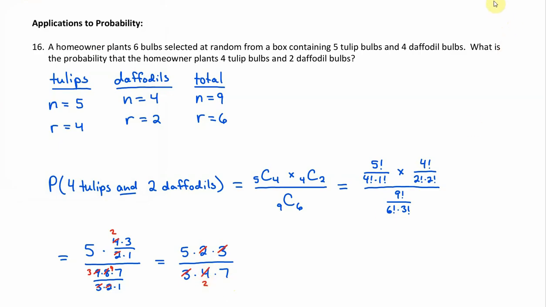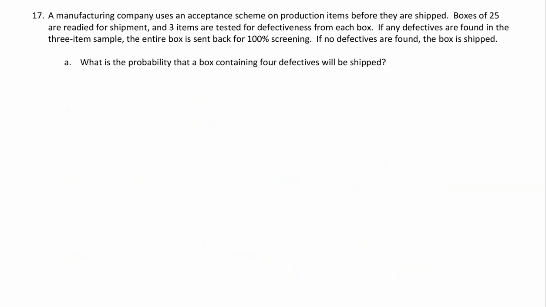So it looks like we have 5 over 2 times 7, which is 5 over 14, which would be 0.3571 if you were going to write it as a decimal. There. So it looked like it was going to be a lot more intense with multiple combinations in it, but really it's maybe just a little more intense.